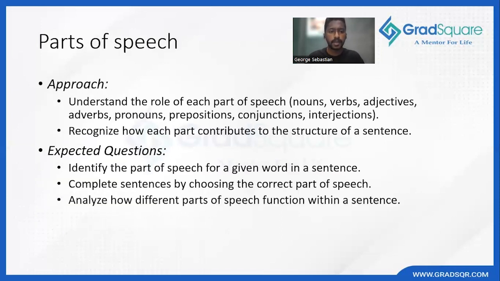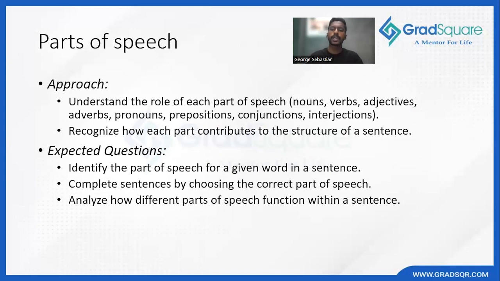In the case of parts of speech, we all know that this is a very important area of grammar because most of the questions that can be asked can be related to parts of speech. In order to understand parts of speech, we first need to understand the different kinds of parts of speech, and how these different parts contribute to the structure of a sentence.